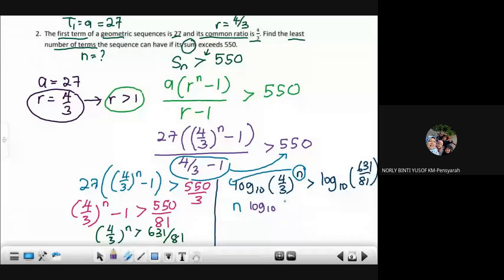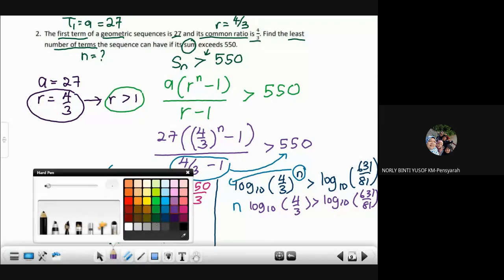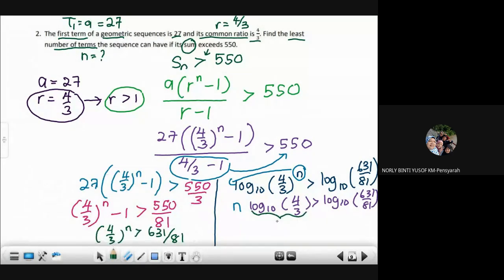Tulis macam ni. 4/3 log 10, 631 per 81. Dan you check calculator, log 10, 4/3 tu nilai dia positif ke negatif. Sebab kalau dia negatif, dia akan change sign ketaksamaan tu lah sebelum dia pindah. Nilai ni adalah positif. So dia takkan efek lah sign ketaksamaan.